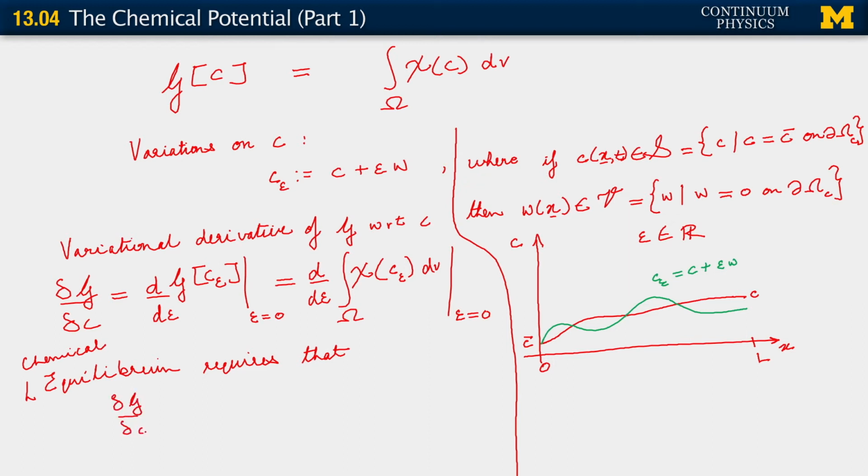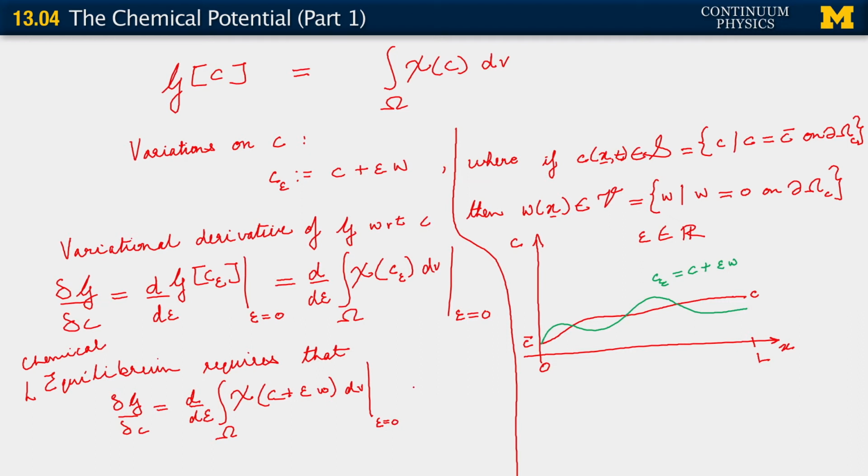So it says that this derivative, which is now d/d epsilon, I'll expand out C epsilon. Okay, that's the variational derivative.